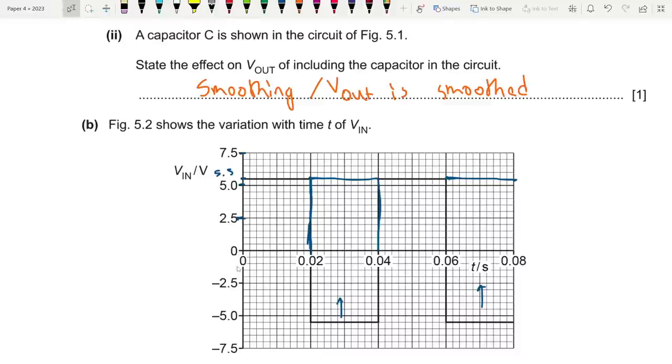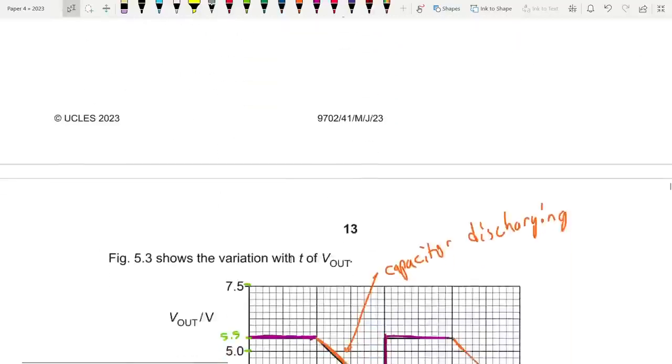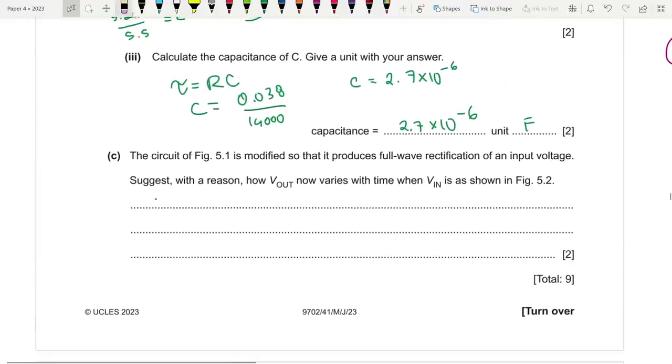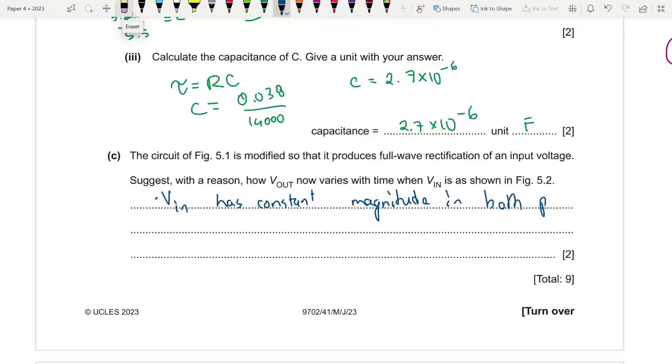So now it is appearing as if it's direct current, constant at a horizontal value. So it does not actually vary with time anymore after full wave rectification. So we have to say that V in has constant magnitude now in both positive and negative directions.